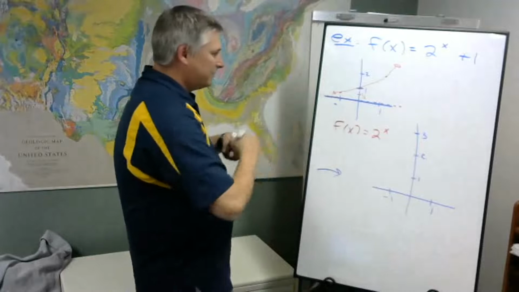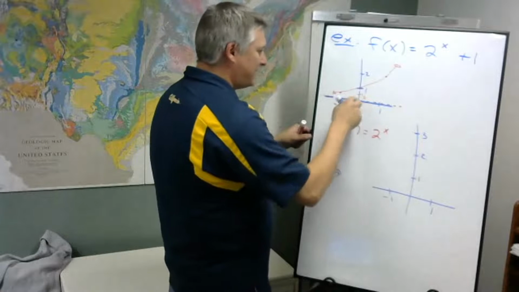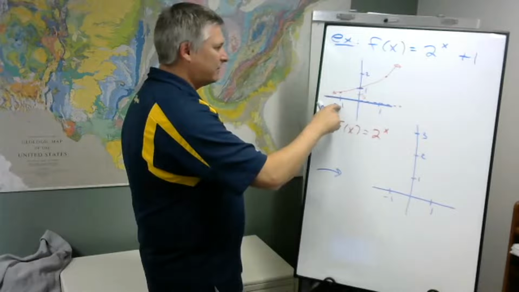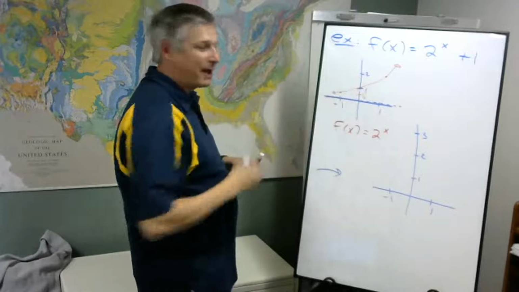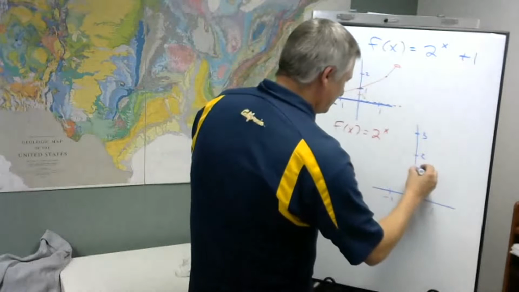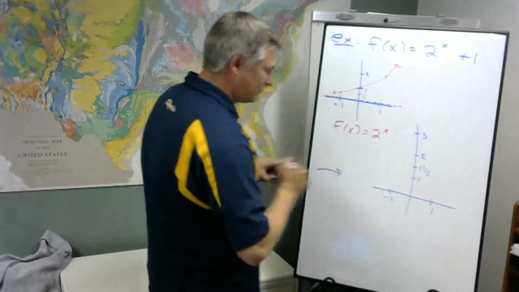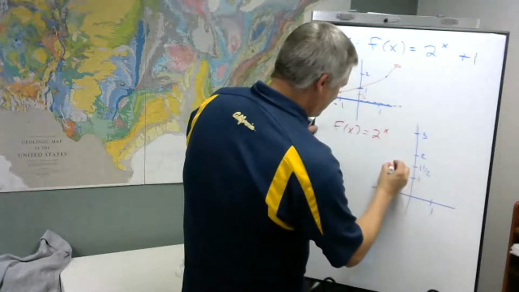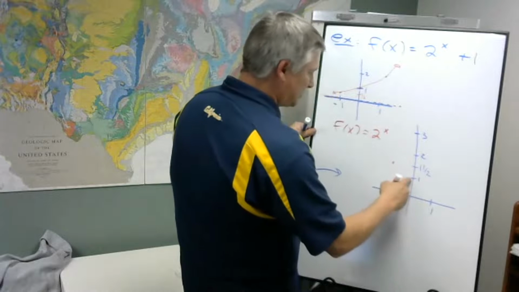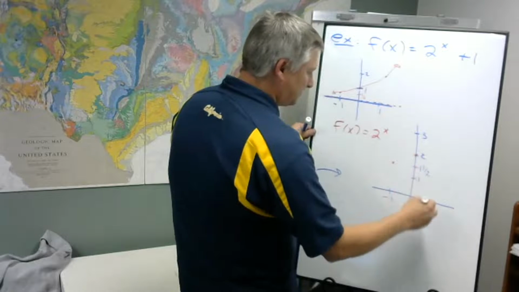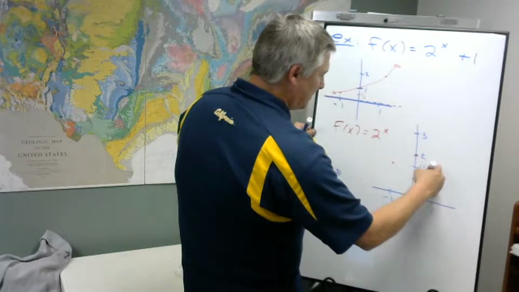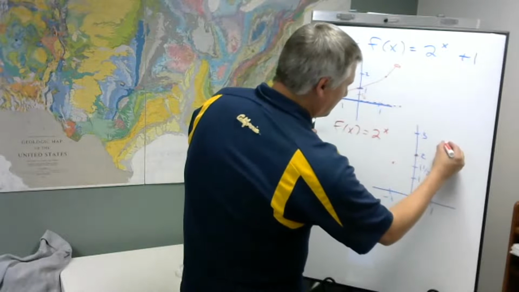So -1 and 1/2 becomes -1 and 1.5. 0 and 1 becomes 0 and 2. 1 and 2 will come up to 1 and 3.